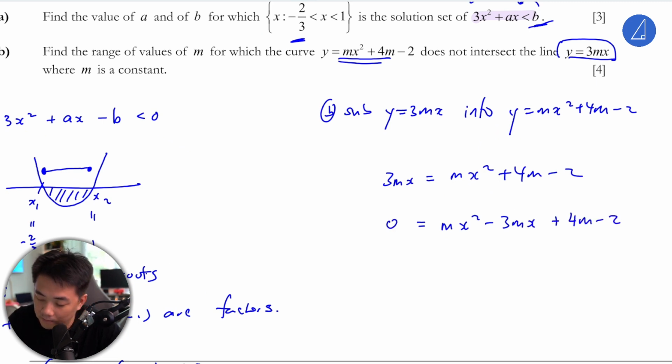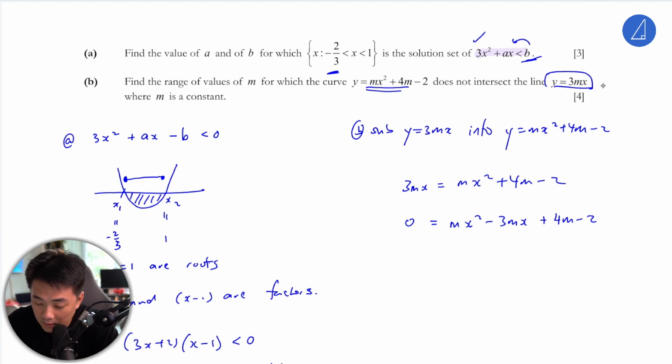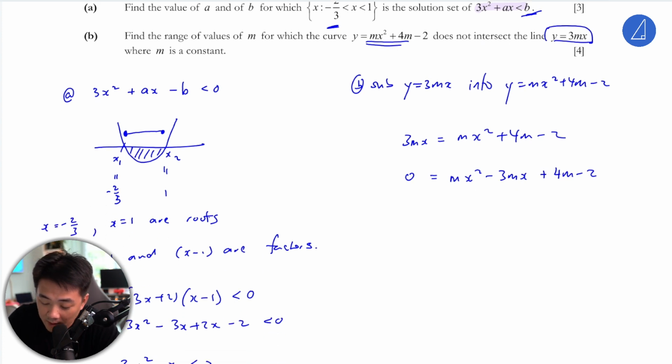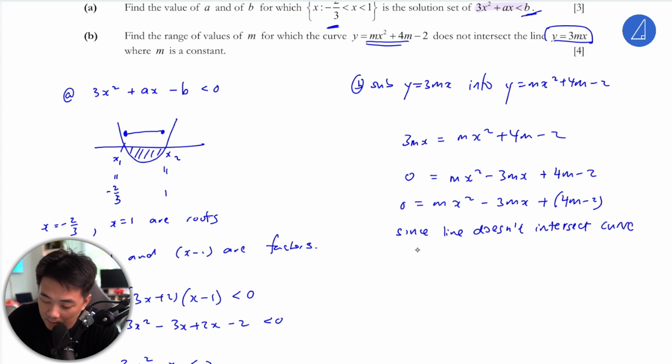Okay, so just substitute this into this over here, bring it to the other side, and we'll get this equation here. So we do not want it to intersect. In other words, I'm just going to bring everything up. Oh, this is my C. So since a line doesn't intersect the curve, we know that the discriminant has to be less than 0.